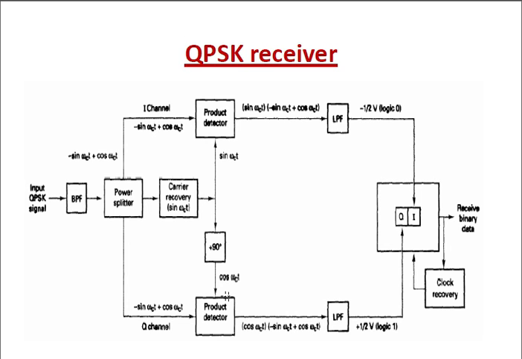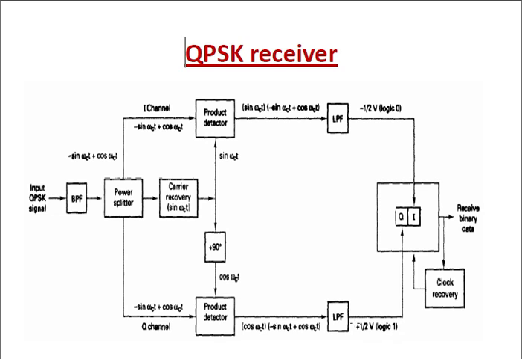This is the product detector, so the minus sin omega ct plus cos omega ct is multiplied by sin omega ct, and the minus sin omega ct plus cos omega ct is multiplied by cos omega ct. This signal is given to the low pass filter, so that minus 1/2 volt is generated for logic 0, and plus 1/2 volt is generated for logic 1.